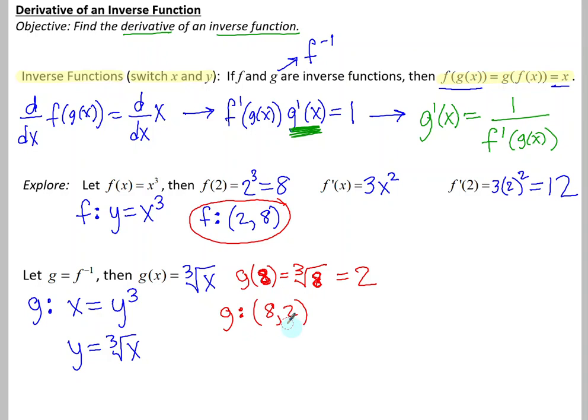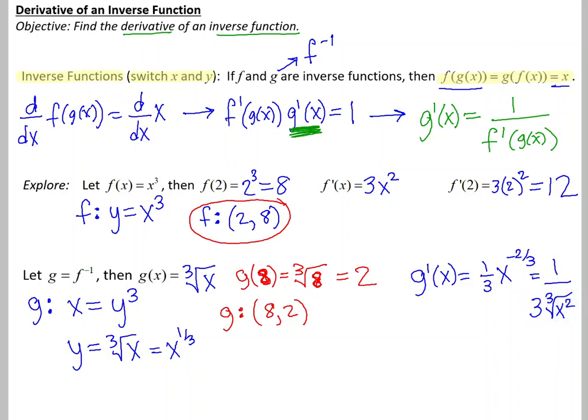Let's explore its derivative, g prime of x. Well, if g of x is cubed root of x, another way to think of that is x to the 1/3. And when we take the derivative, we can use the power rule, 1/3 x to the negative 2/3, or the other way to write it, 1 over 3 times cubed root of x squared.